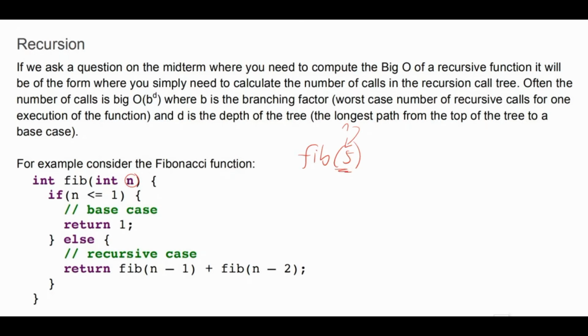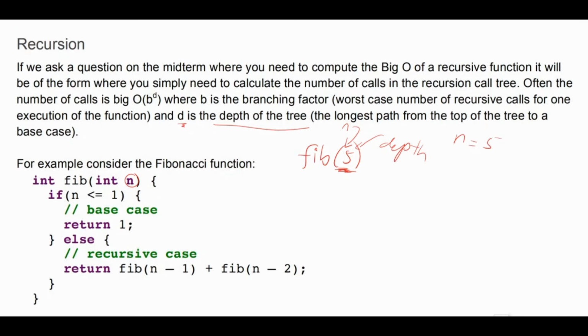So 5 is the depth, right? So d is the depth of the tree, which is the longest path from the top of the tree to a base case. And this depth is also the number on which the function is called. This function is called on this number 5. So this is the depth of the tree.